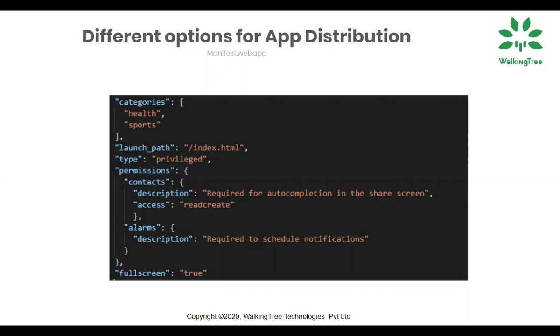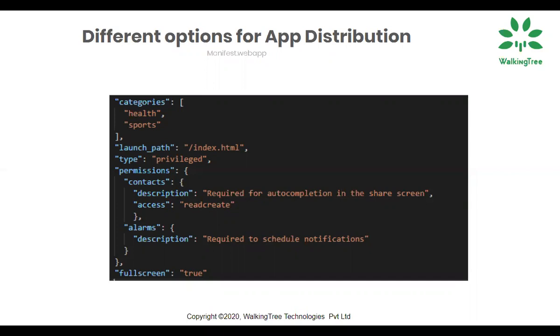Then permissions: here we need to specify what web APIs your app is going to utilize. If you don't specify them here and still expect to use them, you cannot. Your app may not get approved by the KaiOS team.